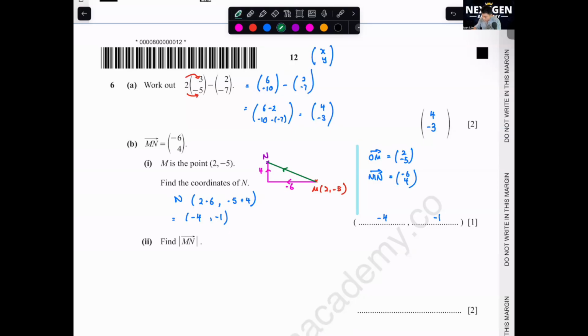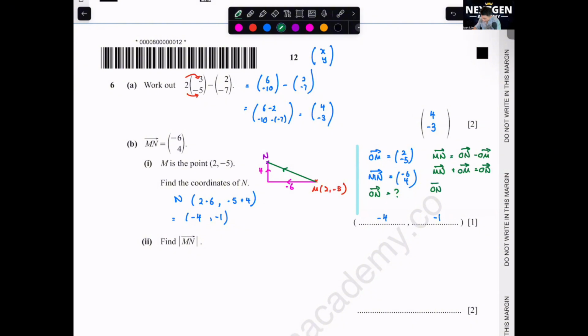What is the relationship between these three? We can say that MN is equal to ON minus OM. Okay, understand this part here? Therefore, MN plus OM is equal to ON. That's why we take these two and add up together. It's just another way of doing it.